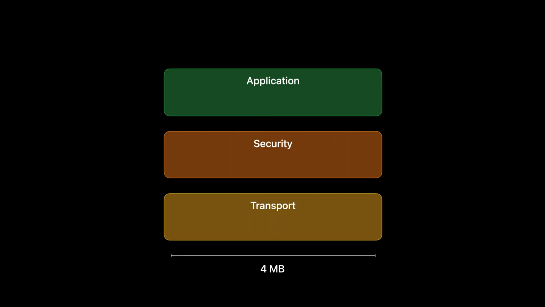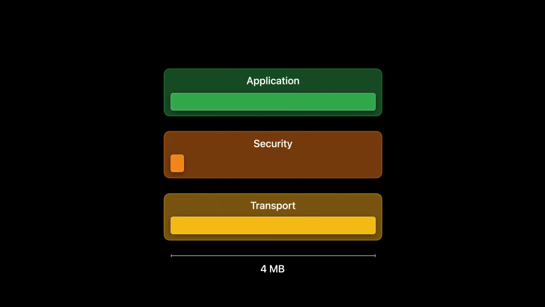Specifically, we looked at TCP, TLS, and HTTP buffer sizes, which were configured to 4 megabytes, 256 kilobytes, and 4 megabytes respectively. The buffers were huge because RAM is plentiful.